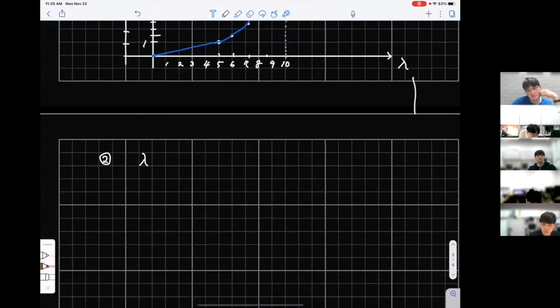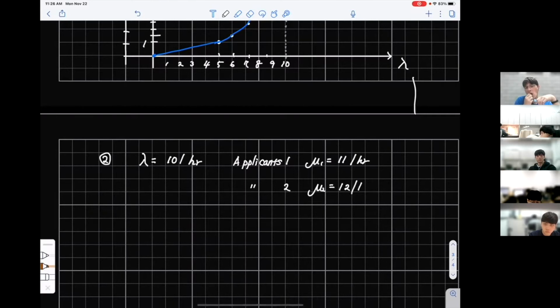If lambda equals 10 per hour, applicant 1 has a service rate of 11 per hour, and the second applicant has a service rate of 12 persons per hour.